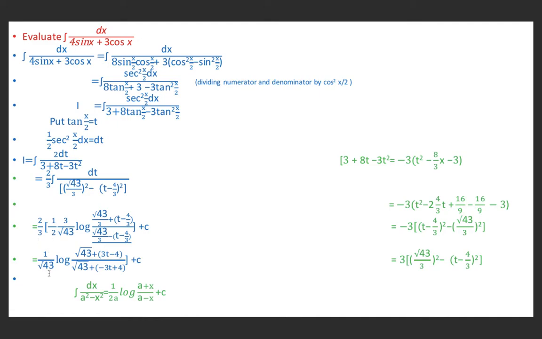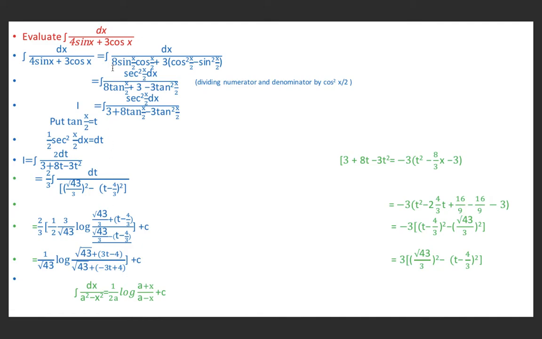So 1 upon under root 43 log. If you take 3 as LCM, it will be under root 43 plus 3t minus 4. If you take 3 as LCM here, under root 43 minus 3t minus 4. In both the numerator and the denominator, you have 3, so 3 will cancel out. So under root 43 plus 3t minus 4, under root 43 minus 3t minus 4. I have written plus here, so inside the bracket we will have minus, and this minus and minus becomes plus.